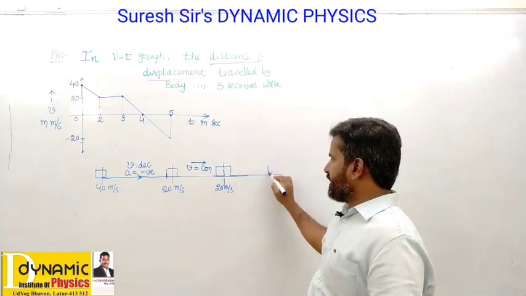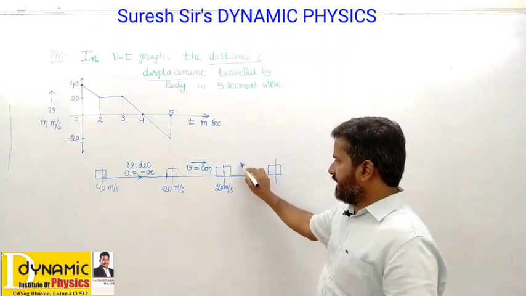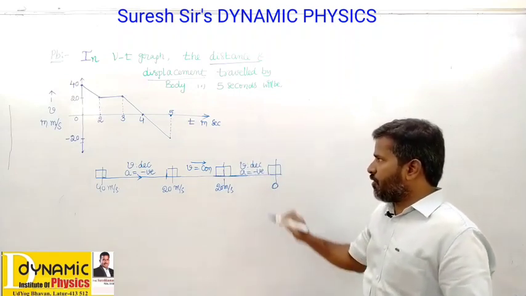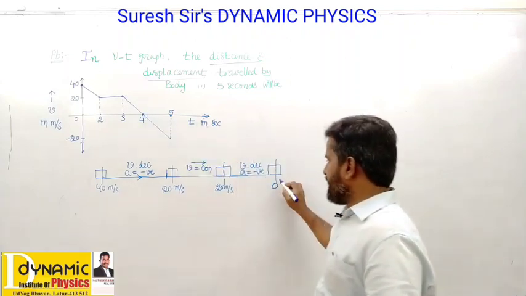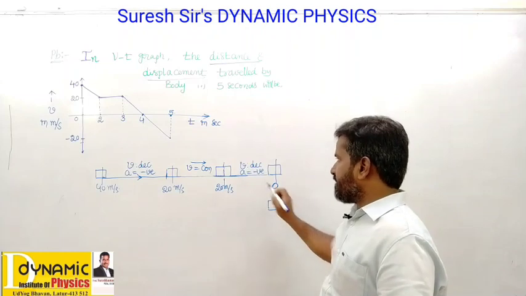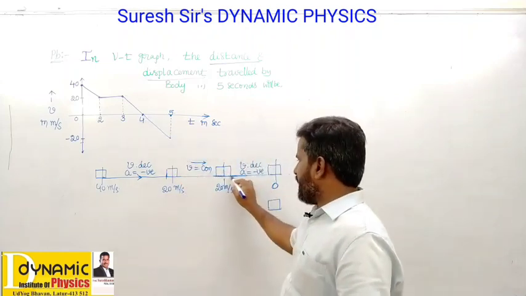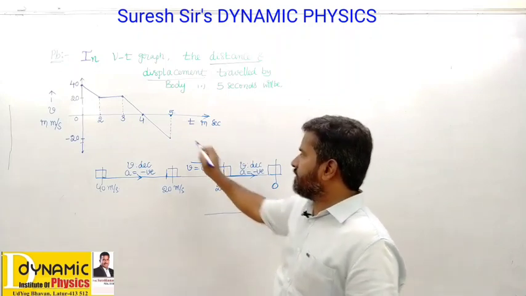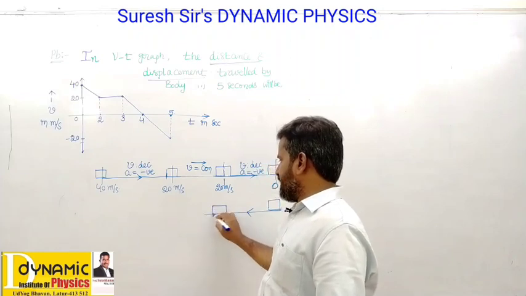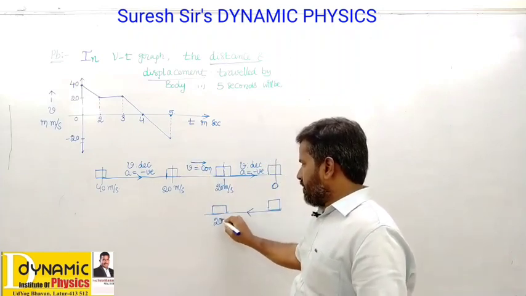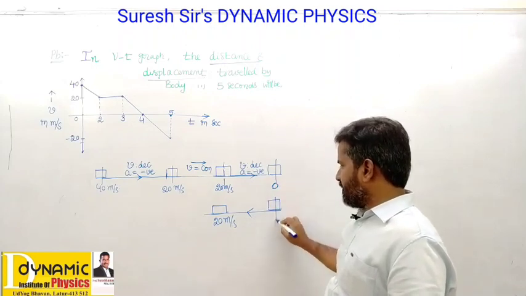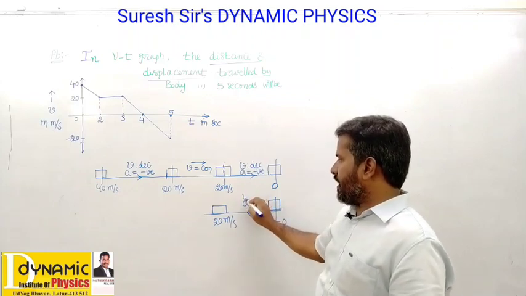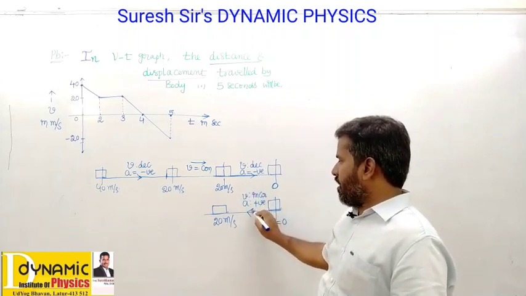Starting from rest, the velocity becomes 0 but increases. This is accelerated motion, with velocity increasing in the opposite direction.